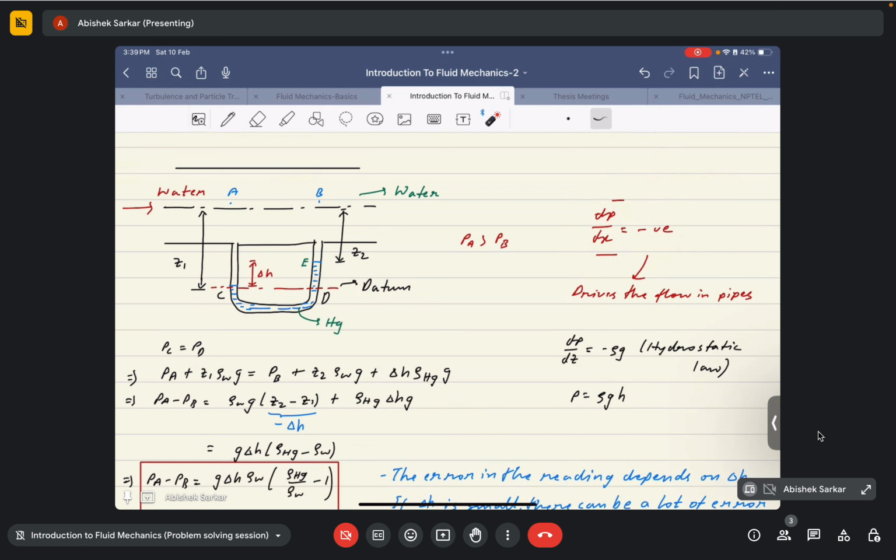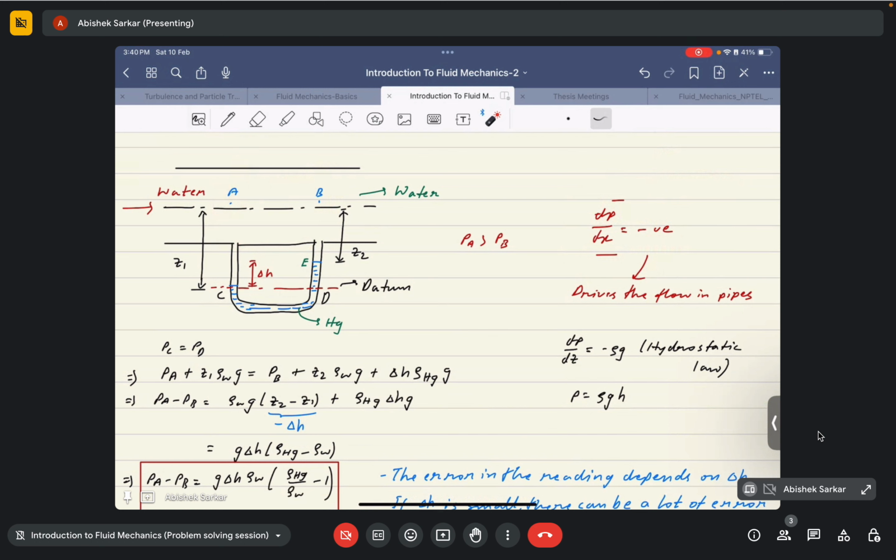You can even consider it to be a consequence of two different magnitudes of forces. Say the pressure at this point is PB, and the force exerted here is PB into this certain area A1. And here the pressure exerted is PA into A1.